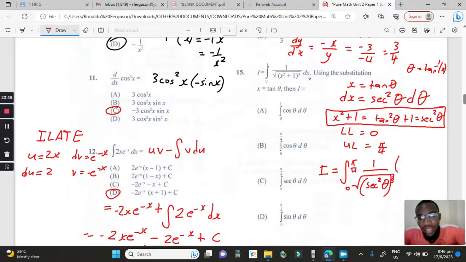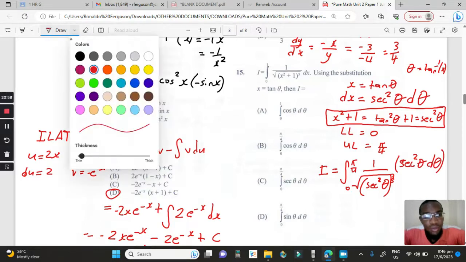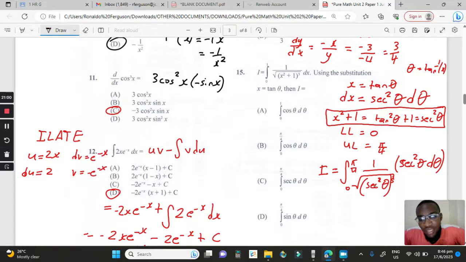And then the dx, we said dx is sec squared theta d theta. So if you're square rooting sec squared theta all cubed, second power raised to the third power square rooted just looks like sec cubed.